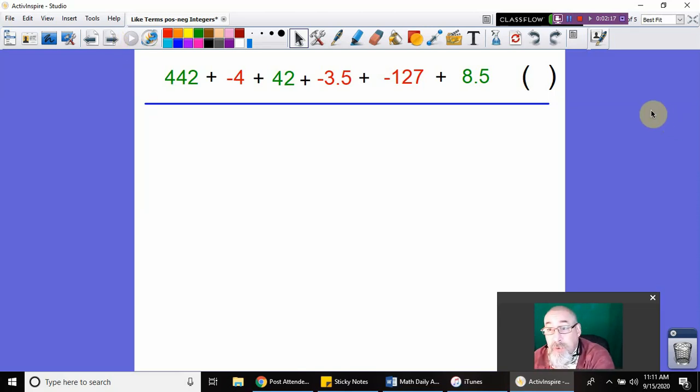So I'm going to rewrite all of this and make all my positive values hang out together. And because it's addition, I'm not changing any values. All I'm doing is regrouping them so that they're associated with the same kind of terms. And because I'm adding this, I'm going to add this group of friends to this group of friends.